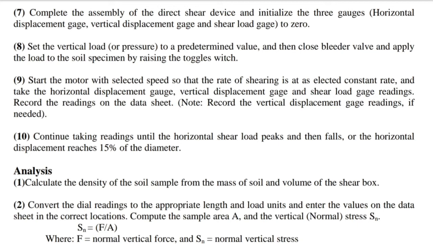Analysis: 1. Calculate the density of the soil sample from the mass of soil and volume of the shear box. 2. Convert the dial readings to the appropriate length and load units and enter the values on the data sheet in the correct locations. Compute the sample area A and the vertical normal stress Sn.